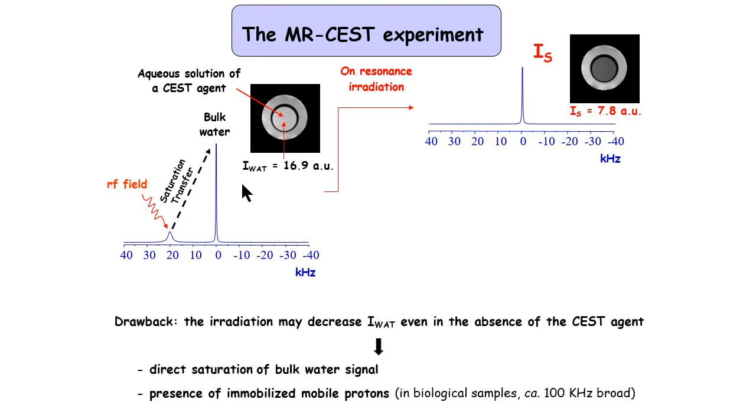Now, one of the drawbacks is that when the exchangeable pool of protons is close to the water signal, in real cases one can have a direct saturation of the water signal itself.